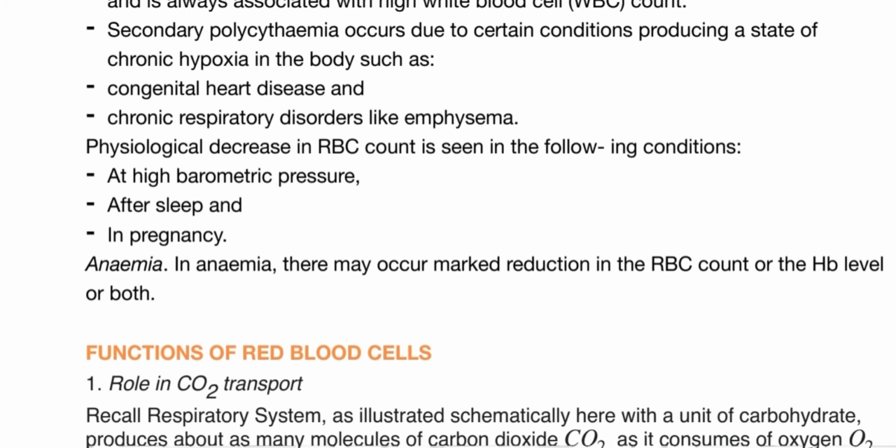This anemia is the pathological decrease in the RBC count, and it may be due to lower hemoglobin level, or both may occur, that is decrease in RBC count as well as hemoglobin level.